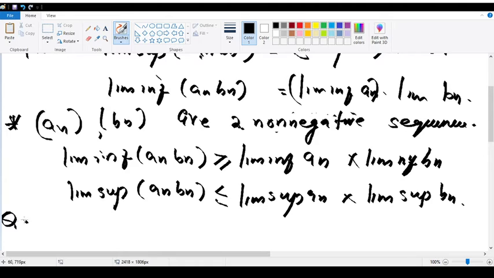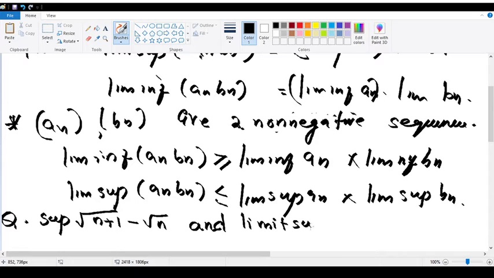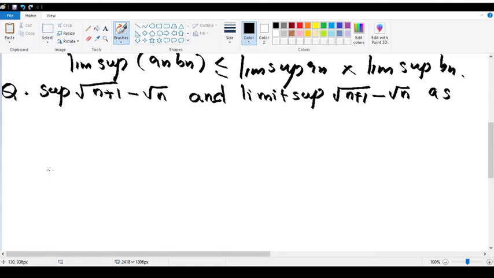First problem. What is the supremum of root n plus 1 minus root n and limit sup of root n plus 1 minus root n as? First option, root 2 plus 1 and 0.